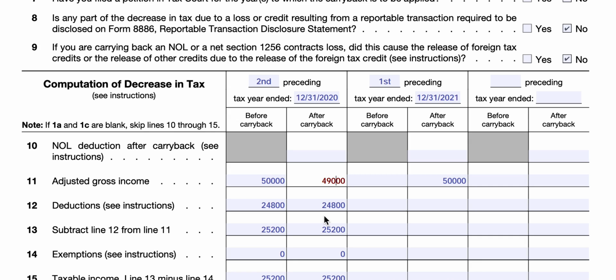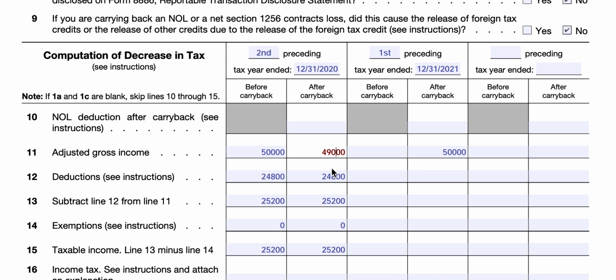So you can have as many itemized deductions as you want. You just may need to recalculate them if they're based on a percentage of AGI. So after the carryback, that's $49,000. Now the taxable income drops down to $24,200.